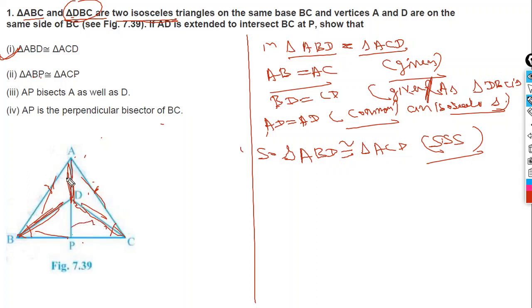Then we need another side, but we don't have it. But we have this angle. These two angles are equal, angle BAD and angle CAD. Why? CPCT, as these two triangles are congruent. We'll keep this clear so that it will be easier for you.